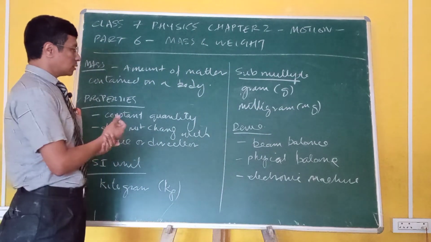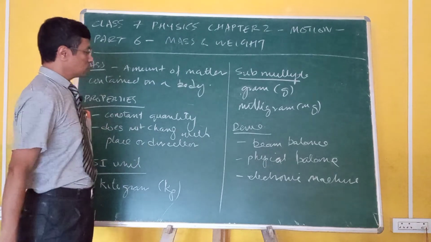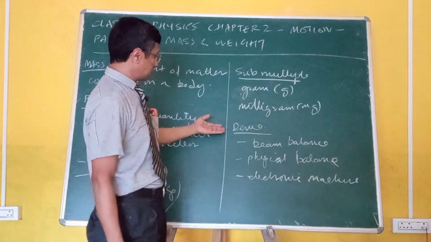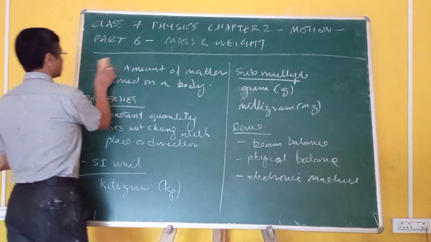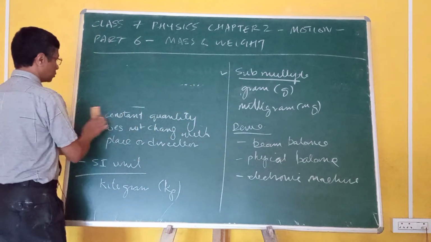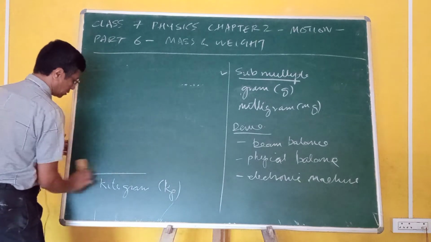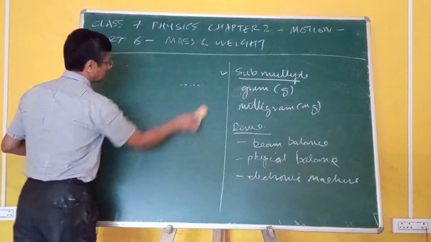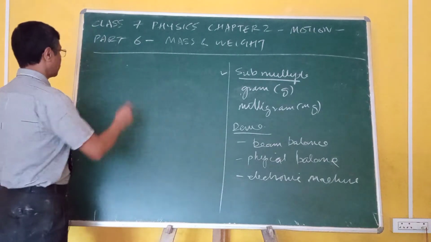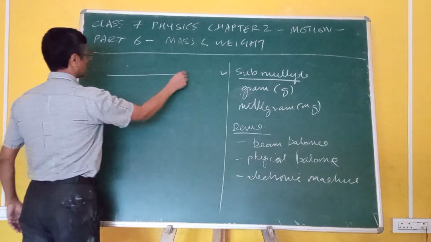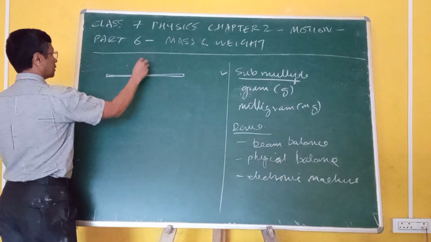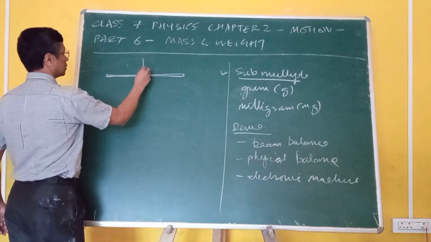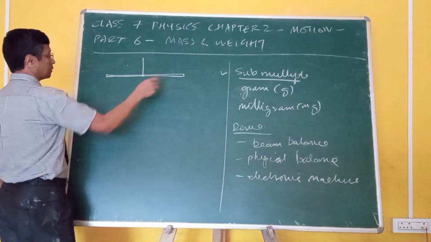To measure mass, we have devices, and one of them is called a beam balance. A beam balance is a common balance which you normally see shopkeepers using to measure the weight of vegetables. It is a very simple device with a beam, which could be made of wood or rod, suspended by its middle point in such a way that it balances.